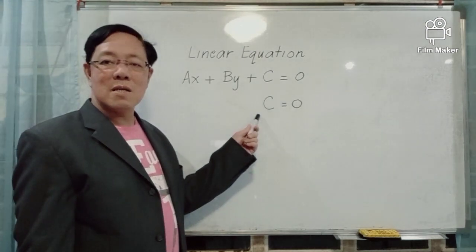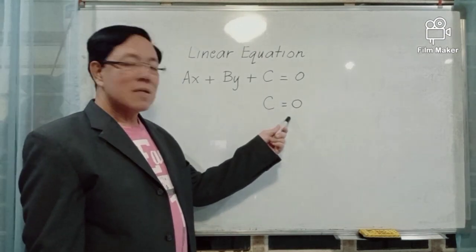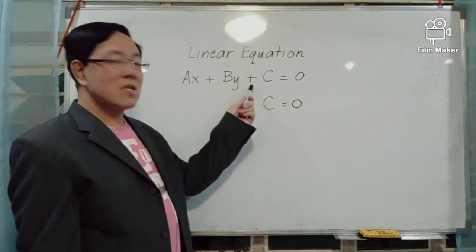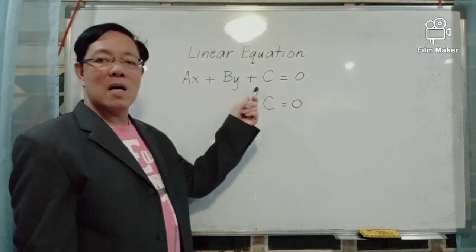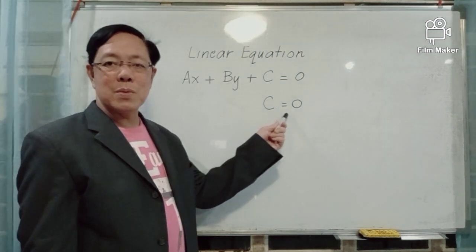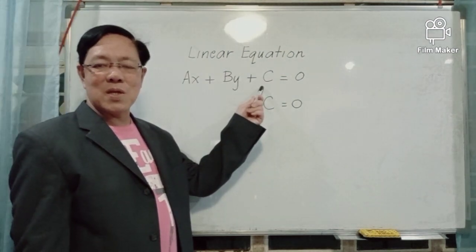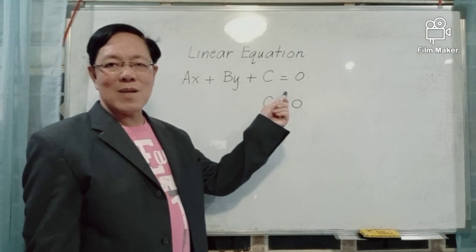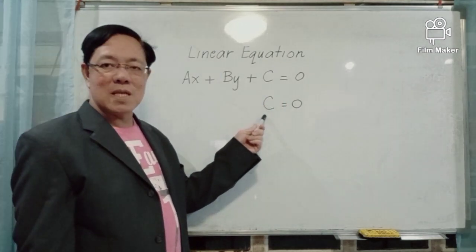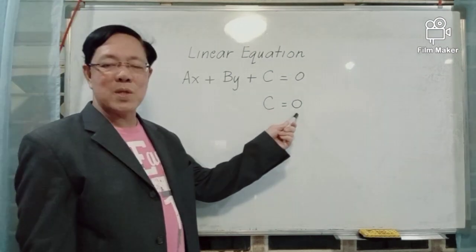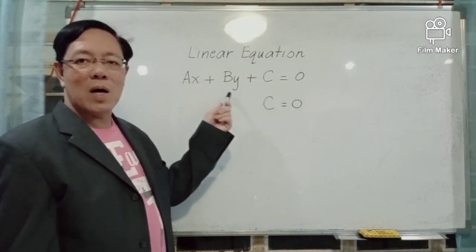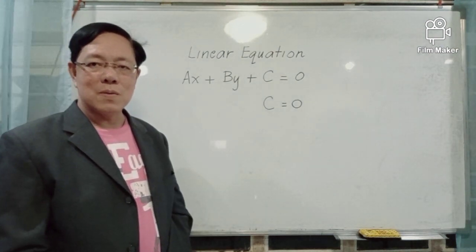And in general, c equals 0 is not true if the constant term of this equation is not 0. Although c can be 0, and this will be true, generally the constant term of this linear equation in 2 variables is not 0. If c is not 0, this will not be true. Hence, the coefficients of x and y cannot be both 0.